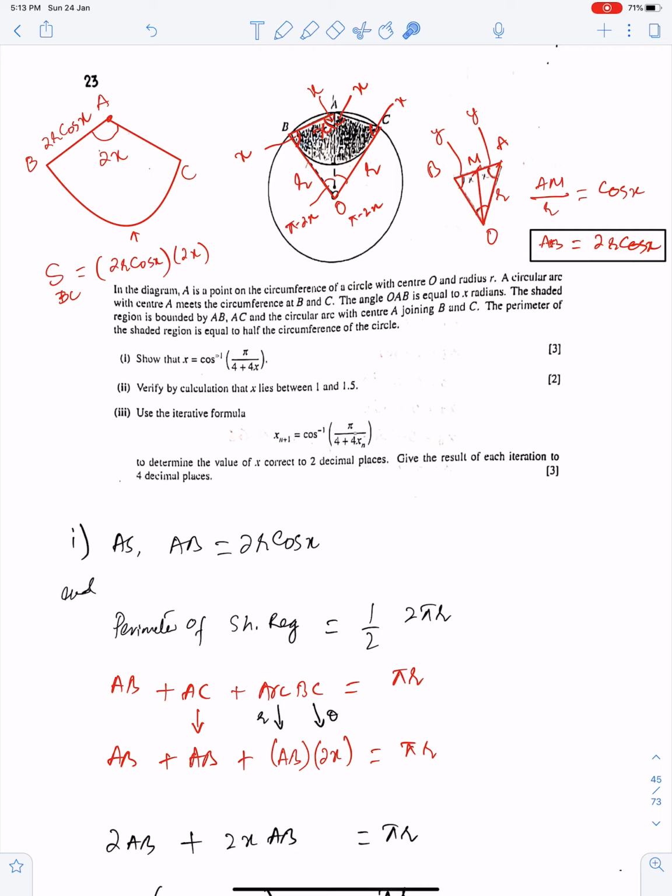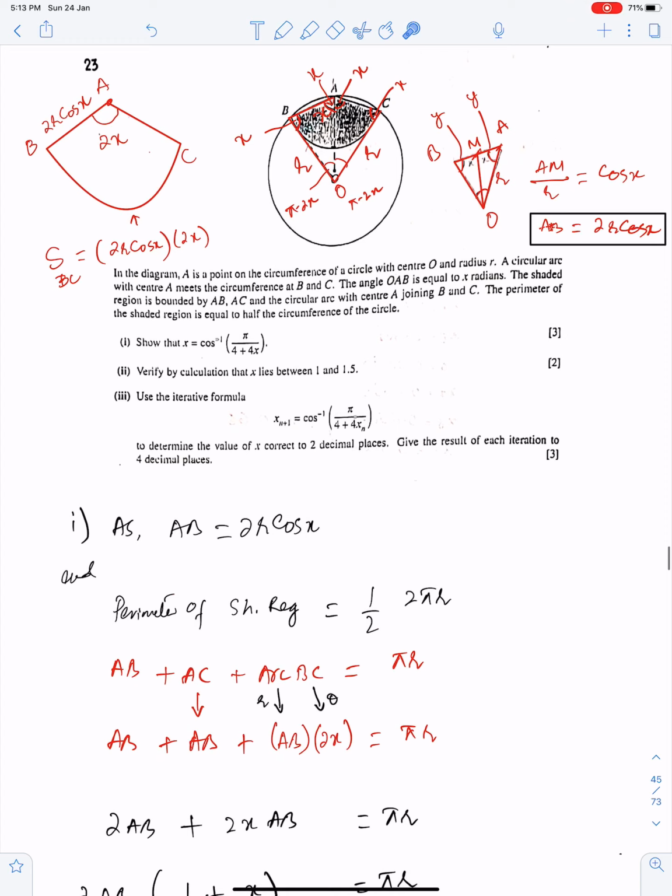After finding the length of AB, we have this perimeter of shaded region equation, equal to half the circumference. Now perimeter is AB, then AC, and then arc BC. AC and AB are both the same, therefore I substituted AC by AB here. And this arc length will be r theta, where r is AB and theta is 2x.